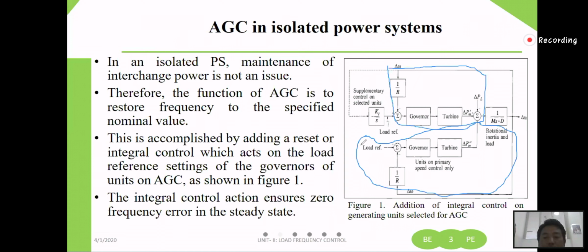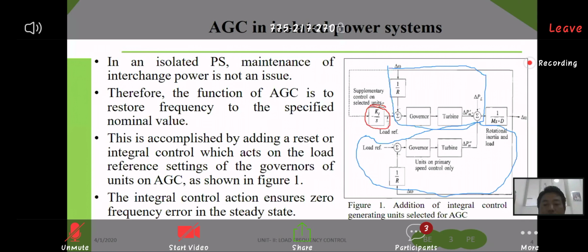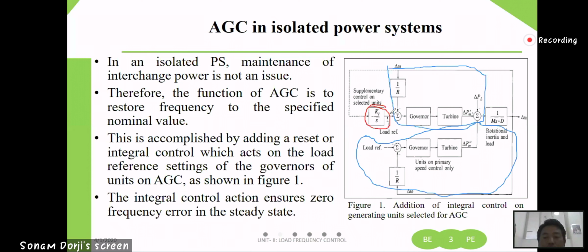What this integral action will do is ensure that there is zero frequency error in steady state. When it reaches steady state, there will be zero frequency error. This is additional, which is why we call it AGC or a supplementary control.